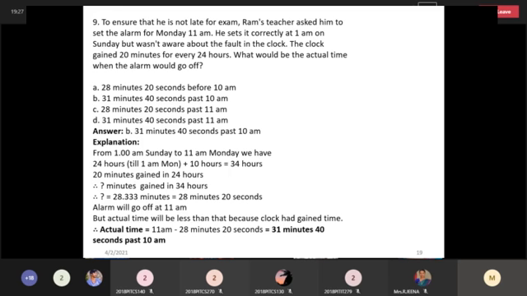So from 1 a.m. Sunday to 11 a.m. Monday, we have 24 hours till 1 a.m. Monday plus 10 hours. Totally, we have 34 hours. So 20 minutes gained in 24 hours. We have to find out how many minutes gained in 34 hours.